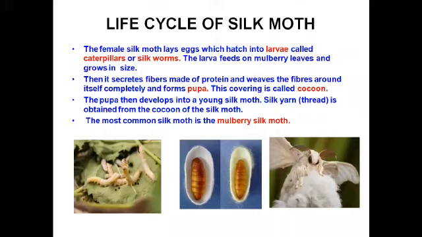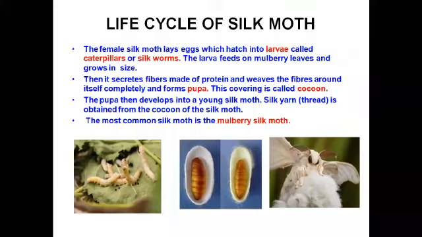I'm repeating it again for you. The caterpillars come out from the eggs which are laid by the silk moth. They feed on mulberry leaves and grow in size. These caterpillars get hidden inside the cocoon that they weave themselves, and they are now known as pupa.